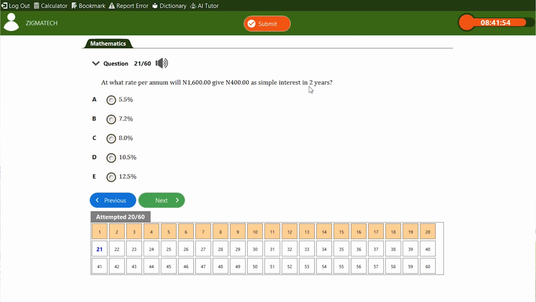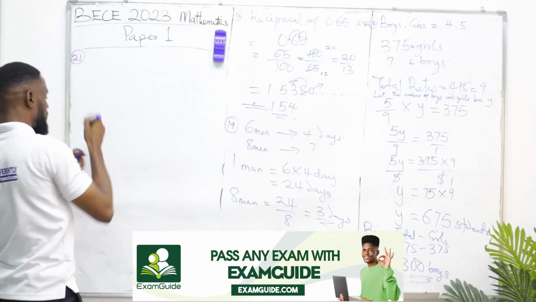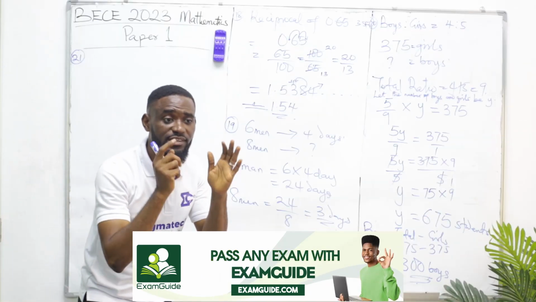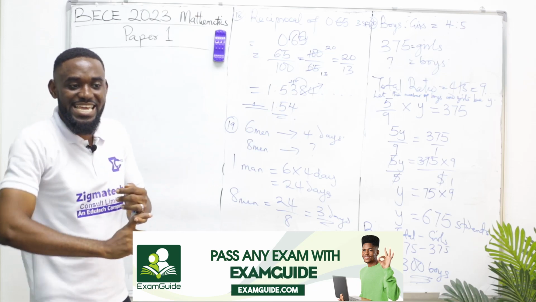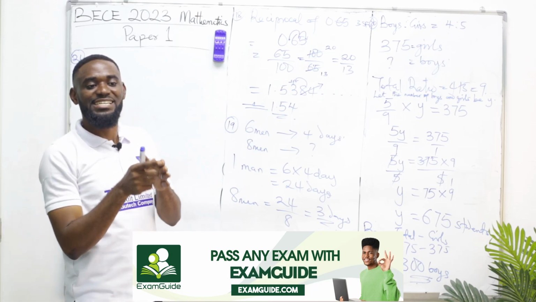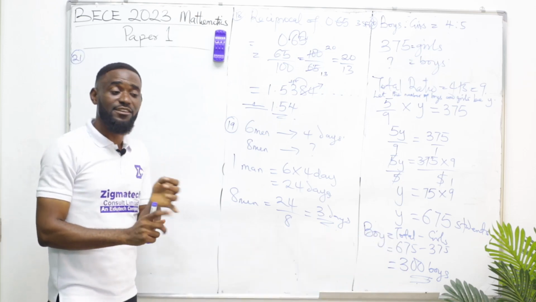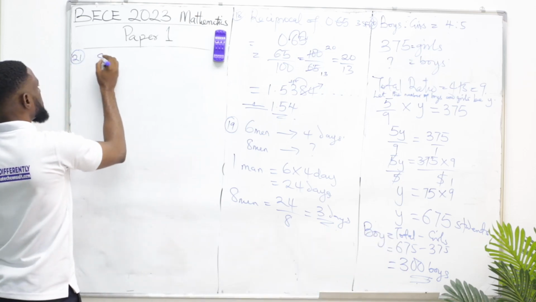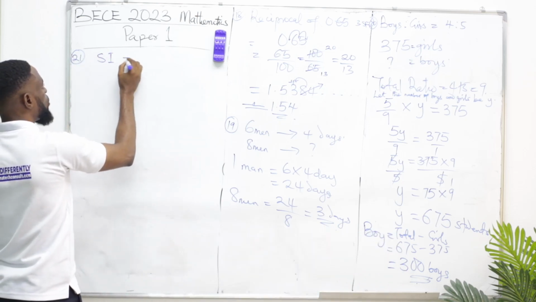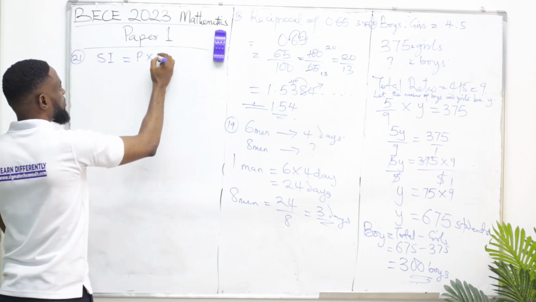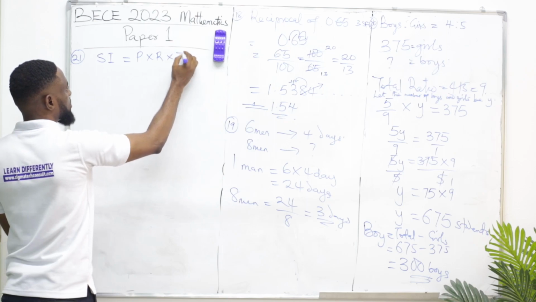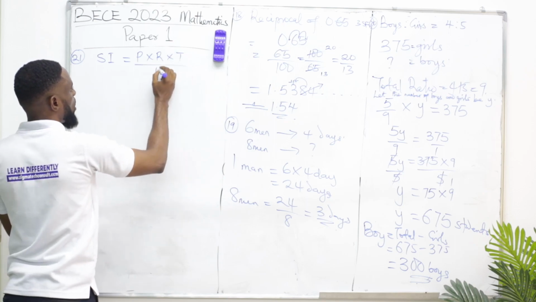So they're asking us a question of rate, right? So they're asking in 21, at what rate per annum will 1,600 naira give 400 naira as a simple interest? It means that simple interest is equal to principal times rate times time all over 100.